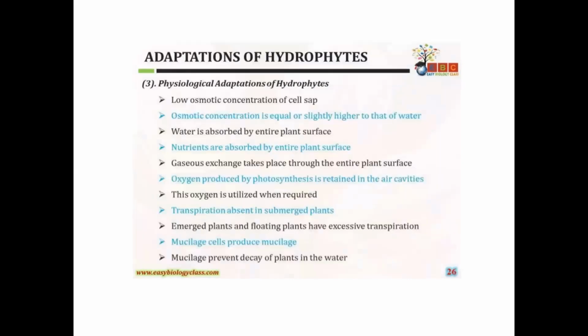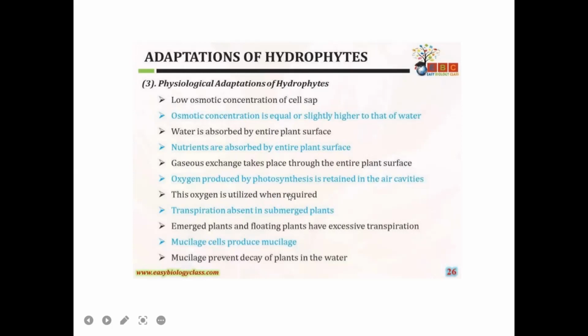Next are the physiological adaptations. There is low osmotic concentration of the cell sap, equal or slightly higher than that of the water. Water and nutrients are absorbed by the entire plant surface, and exchange of gases takes place through the entire surface.